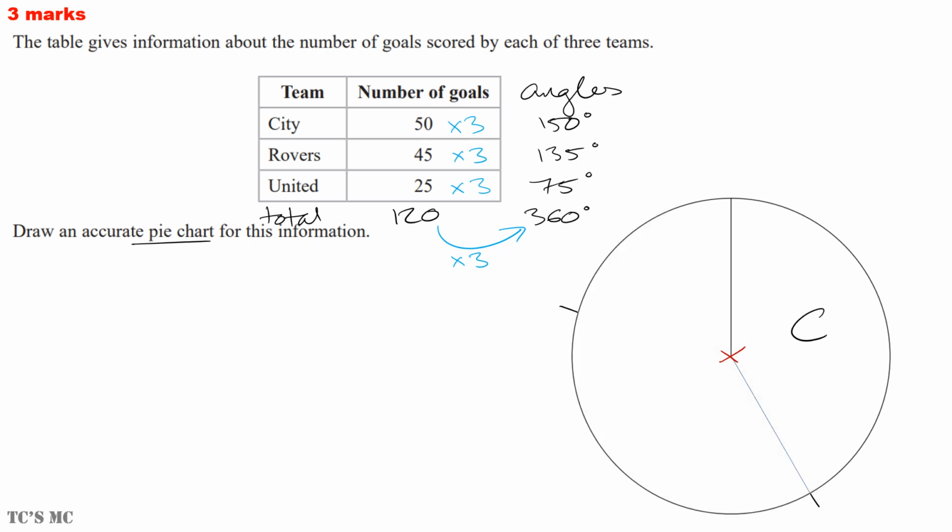Move the protractor. Again, get out your ruler. With your ruler, join up the center with the new mark. And that new sector can now be labelled as R for rovers. That last sector must be United, and it should be 75 degrees. For drawing an accurate pie chart that's labelled, we now have our third mark.